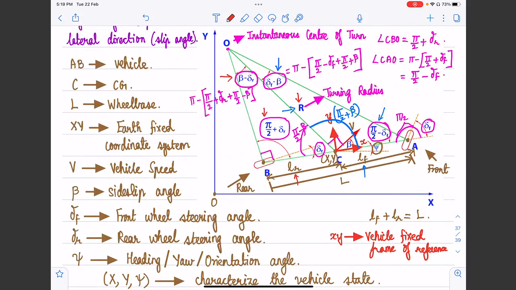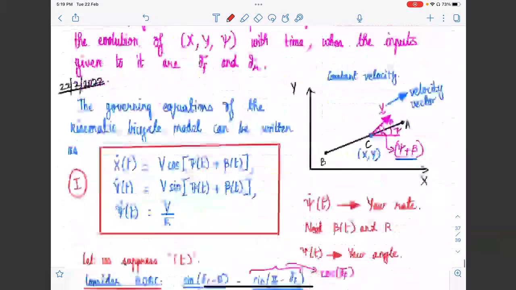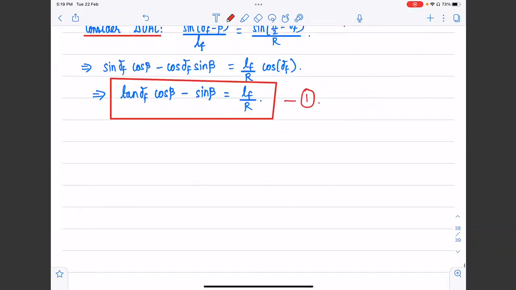I hope it's clear. So how are we going to write down this expression? Once again, we are using the sine rule. So let's go and write that one down. Essentially, let's consider triangle OBC.